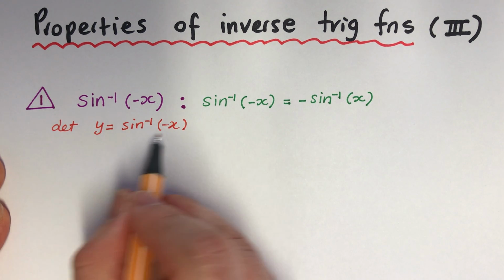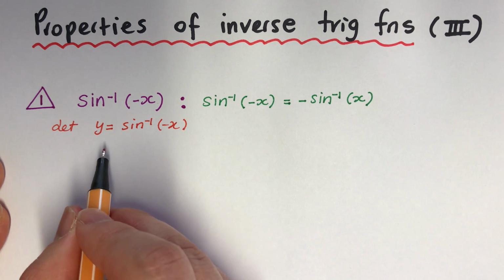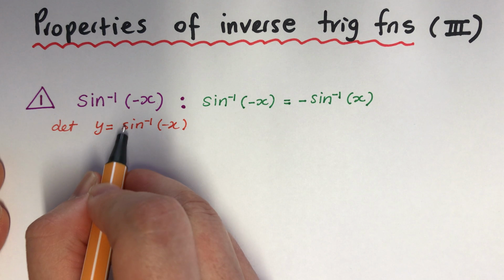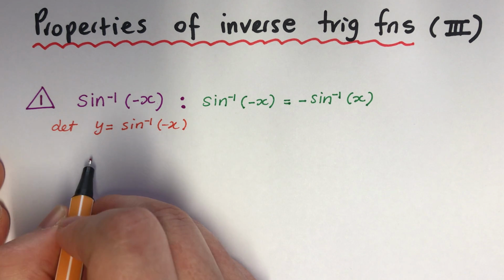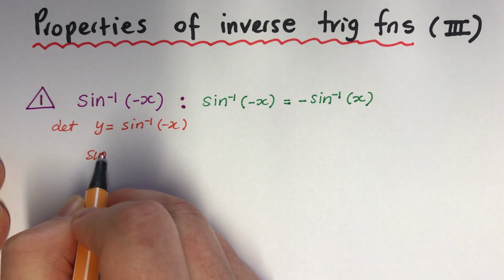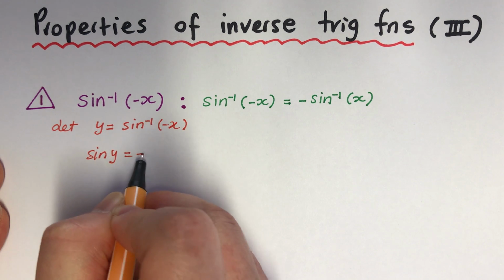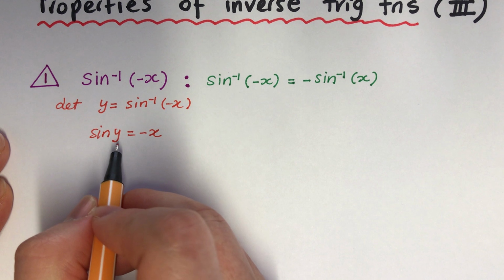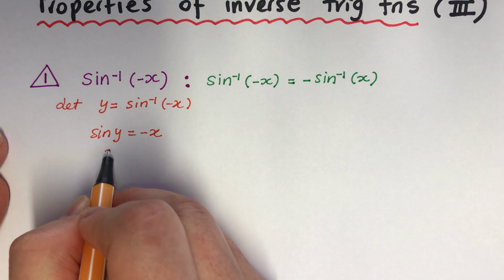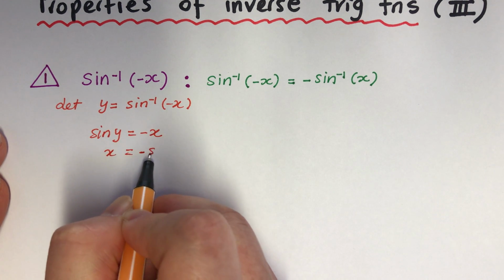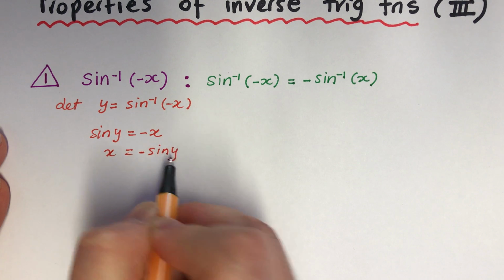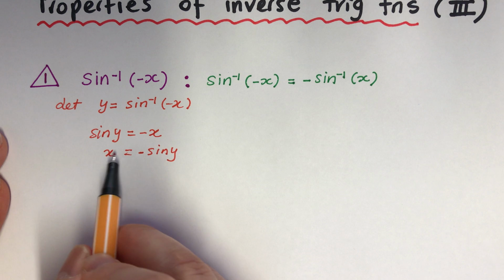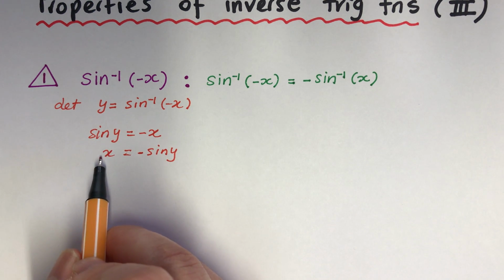So I'm going to use this to prove this. I'm going to move the inverse sine to the other side, and it becomes sine y equals minus x. Okay, and then I'm going to write x equals minus sine y. I've just swapped that around and multiplied by minus 1.